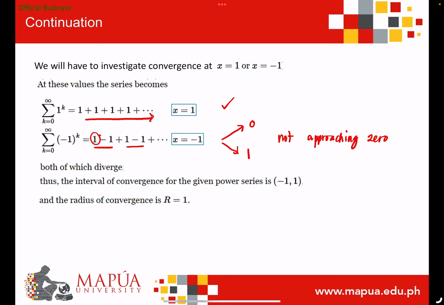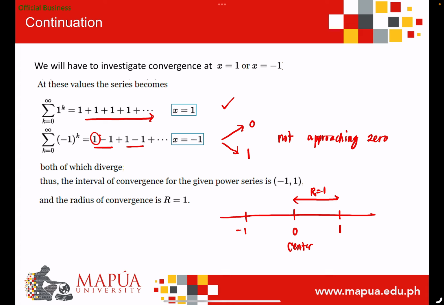So thus, the interval of convergence is from negative 1 to positive 1, and the radius is from 0 to 1. So the radius is 1. So if this is your center of convergence, the radius of convergence is r equal to 1, and the interval of convergence is from negative 1 to 1.